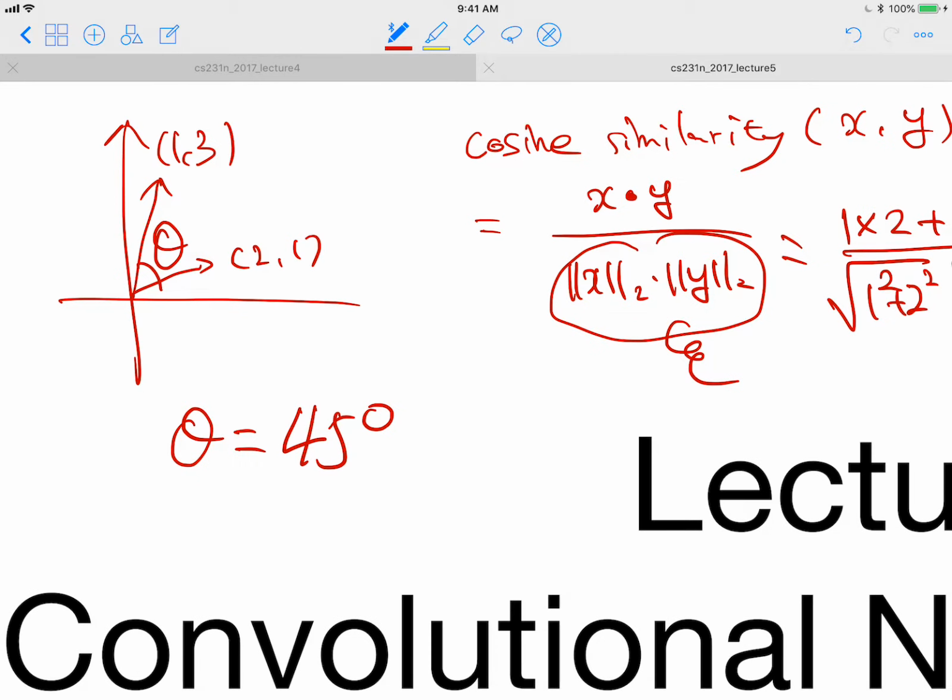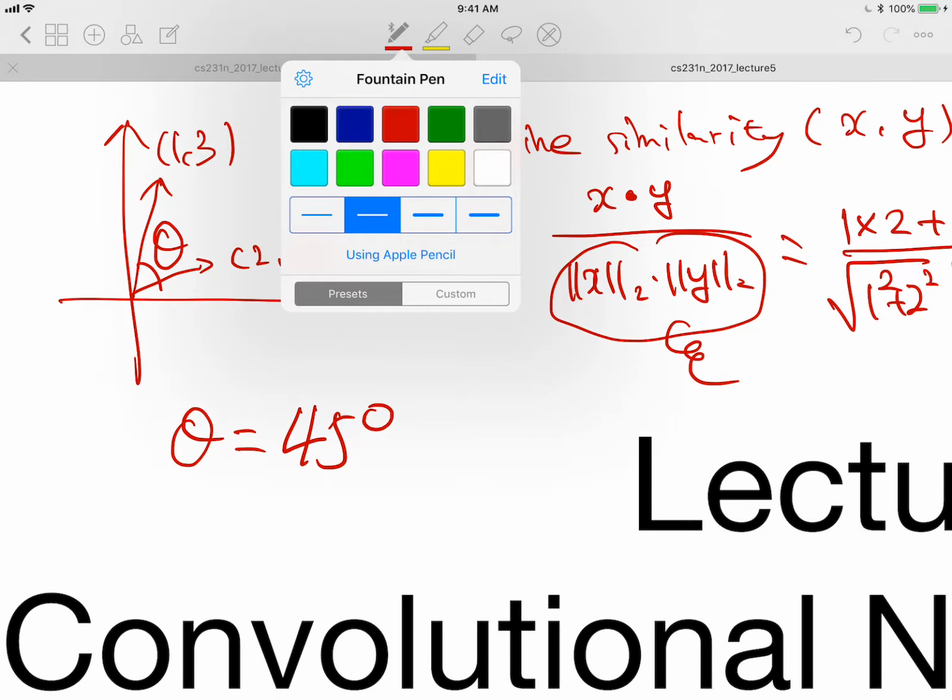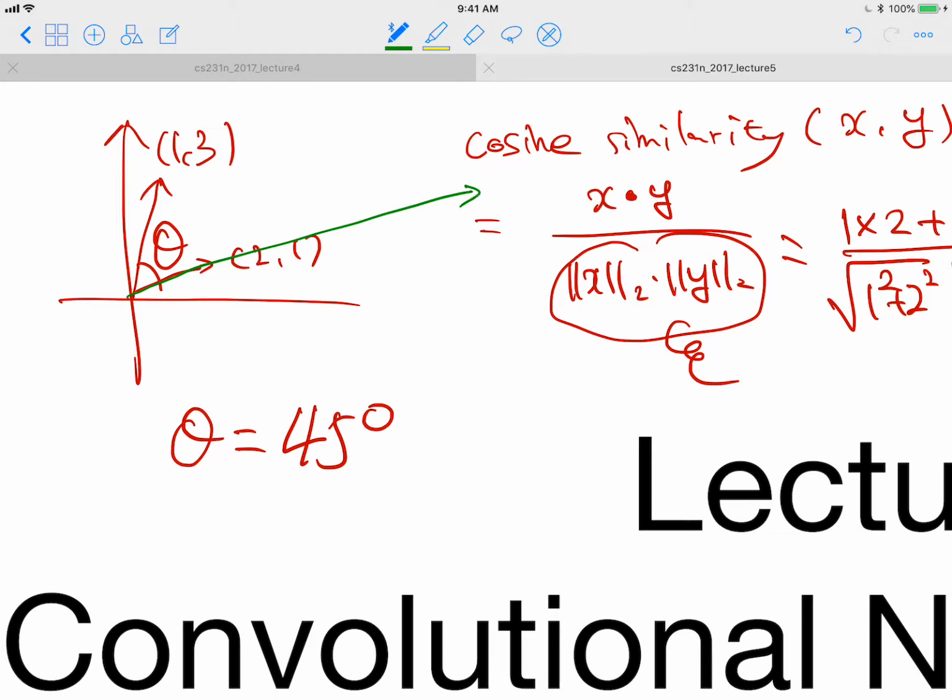So yeah, if we have a really long vector, then even if that vector has a large angle with the other vector, if that vector length is really large, it will mostly have large inner product similarity with the other vectors, right?